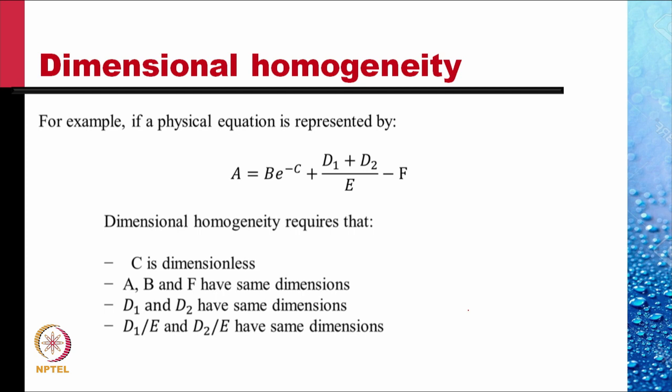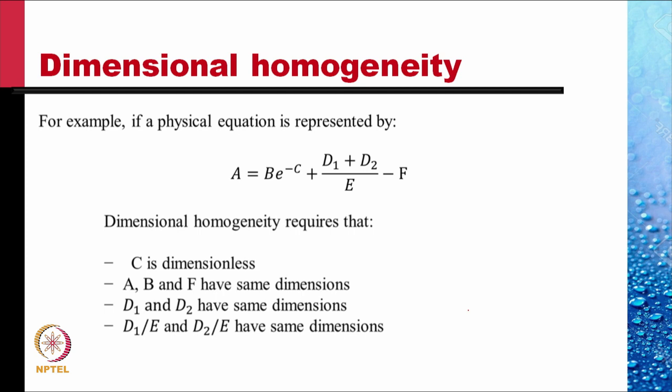And dimensional homogeneity requires that C must be dimensionless, because we take the exponential of C. We cannot take exponentials of dimensional quantities and have a meaningful dimension. B and F must have the same dimension as A.